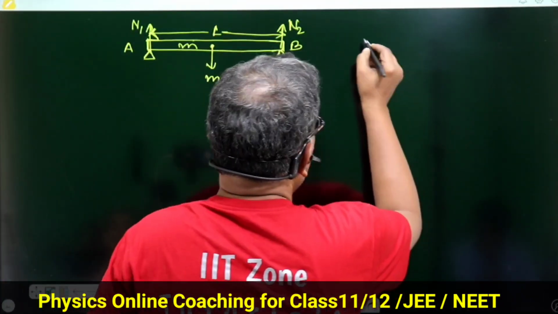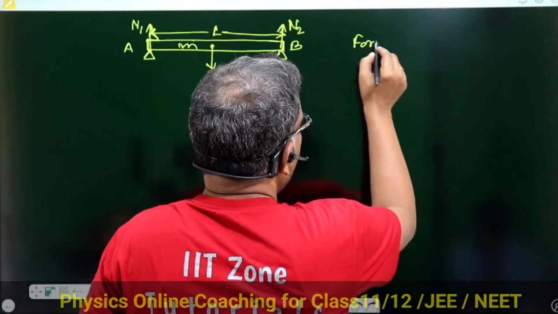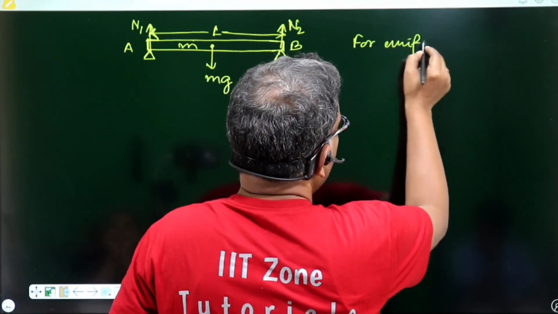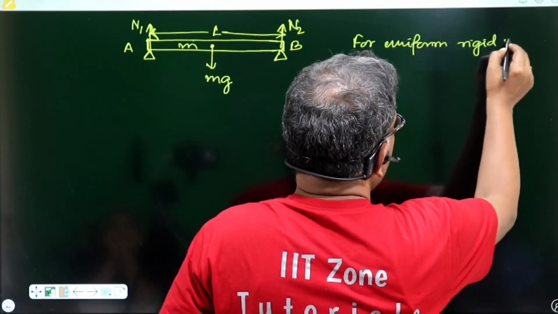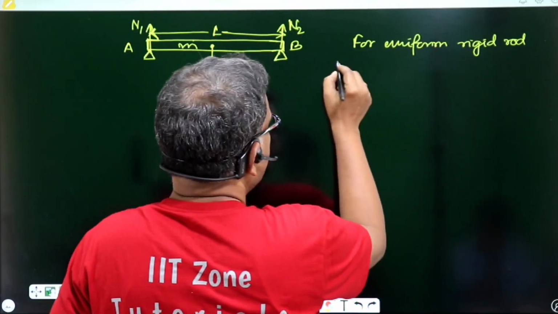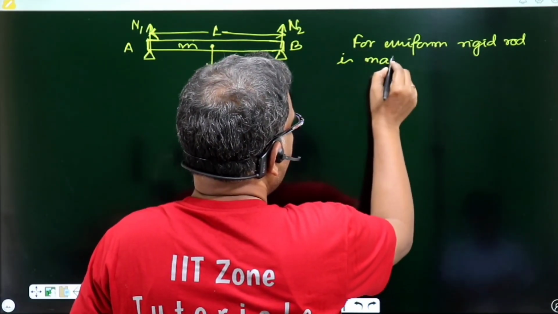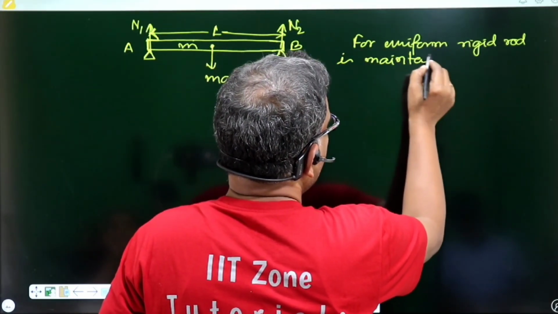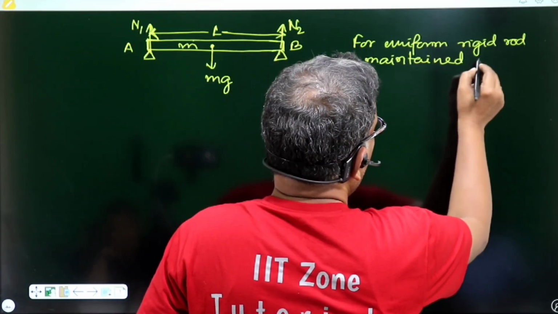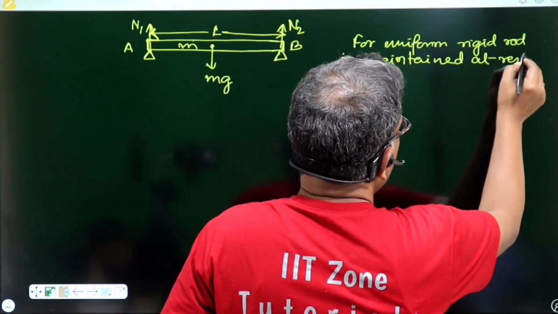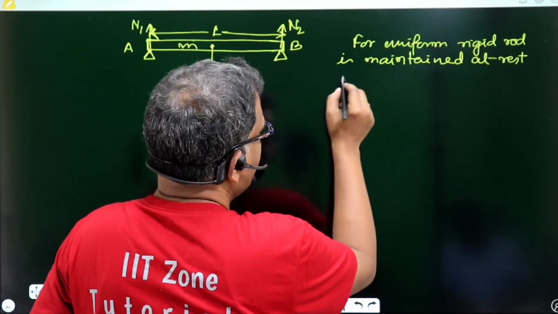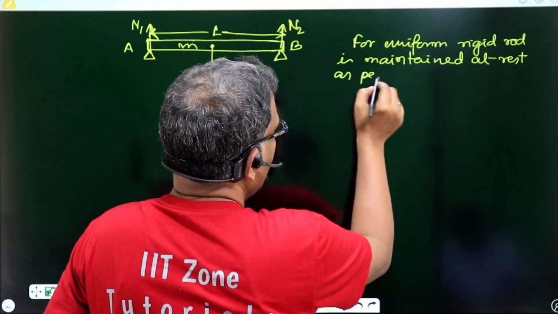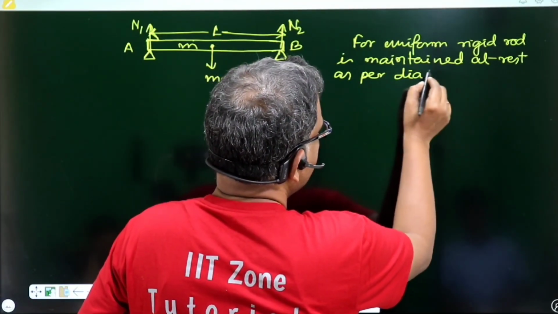So here in this case, the uniform rigid rod is maintained at rest as per the diagram.